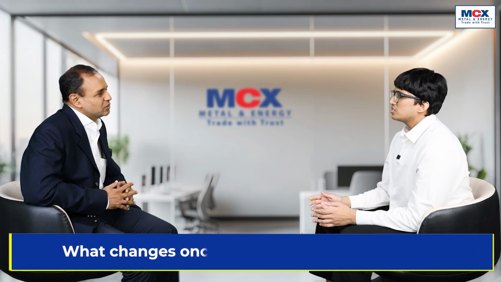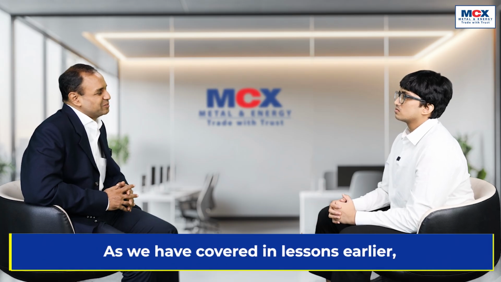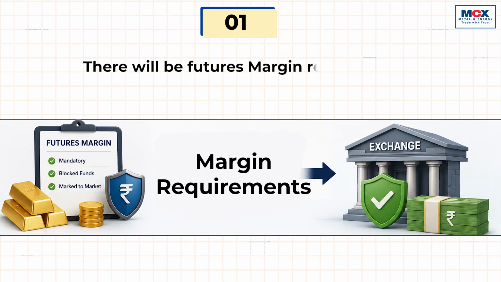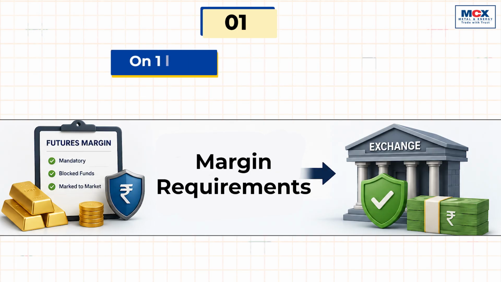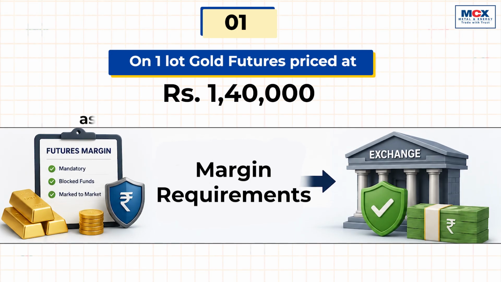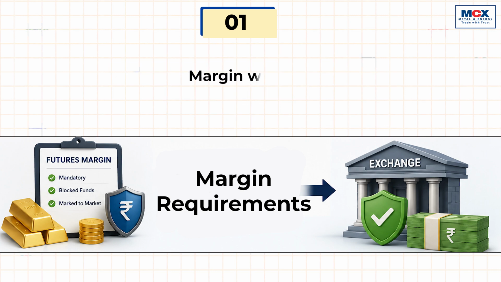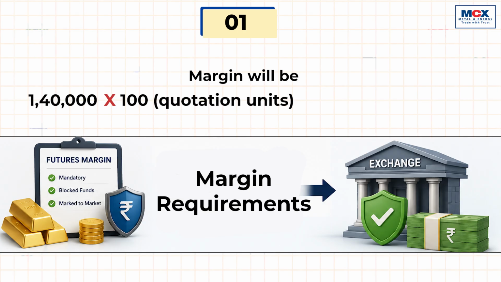What changes once a trader has a futures position? As we have covered in lessons earlier, a futures position means: 1. There will be futures margin requirements which were not there for the long call. On one lot gold futures priced at Rs 1,40,000, assuming the margin is 10% of the exposure, the margin will be 1,40,000 into 100 quotation units into 10% equals Rs 14 lakhs. 2.